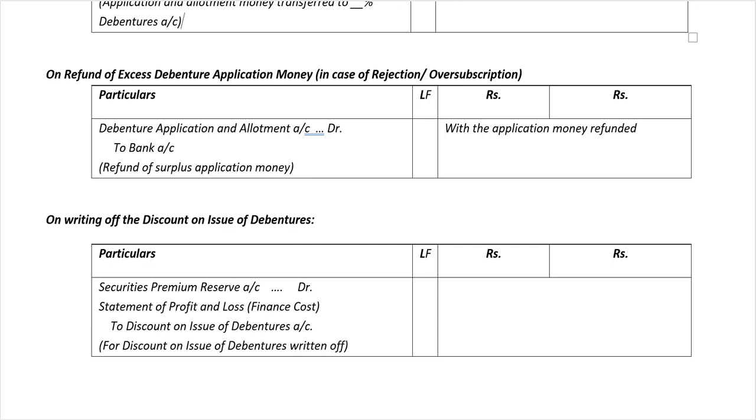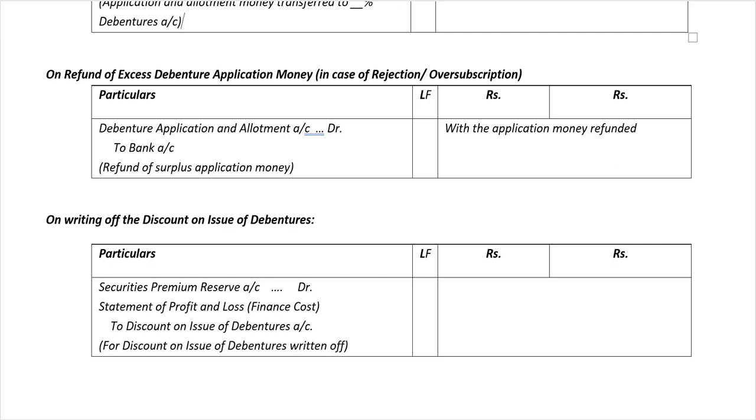The final entry is for writing off the discount on issue of debentures. We will debit securities premium reserve account. We will also debit statement of P&L finance cost to discount on issue of debentures account for discount on issue of debentures written off.